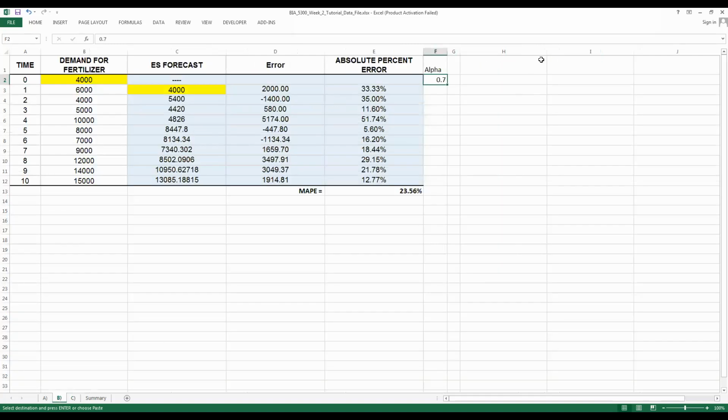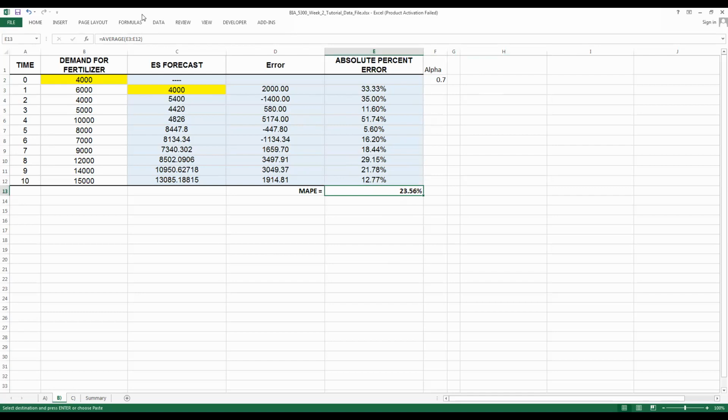So the next thing I want to show you, once you've got all this in using formulas properly, is how to use solver to get the smallest possible MAPE for this method.